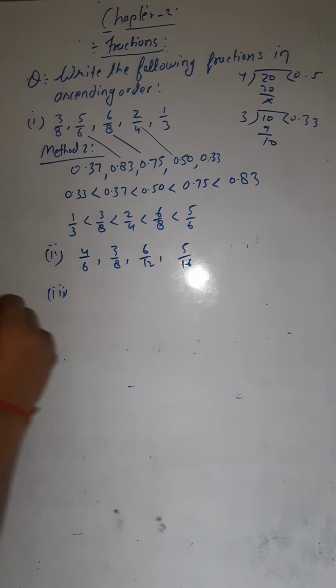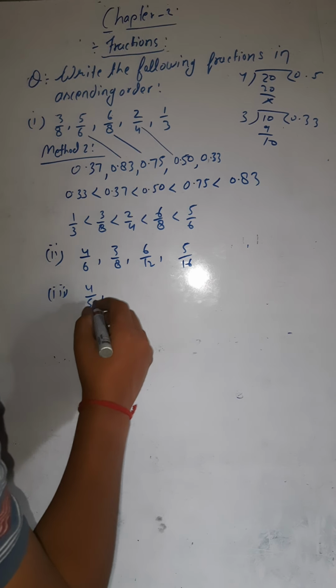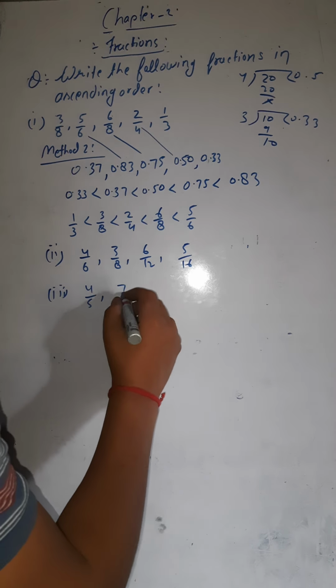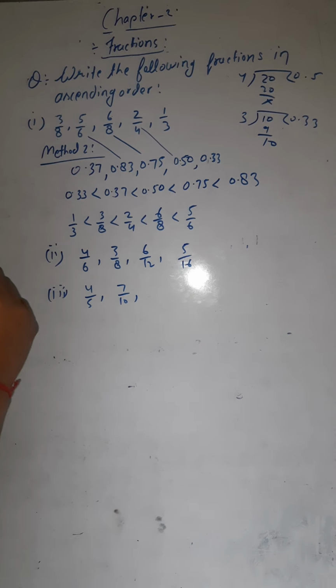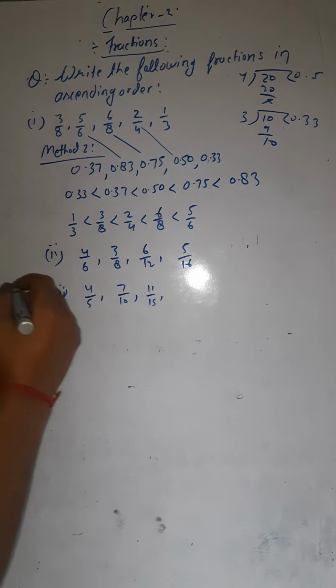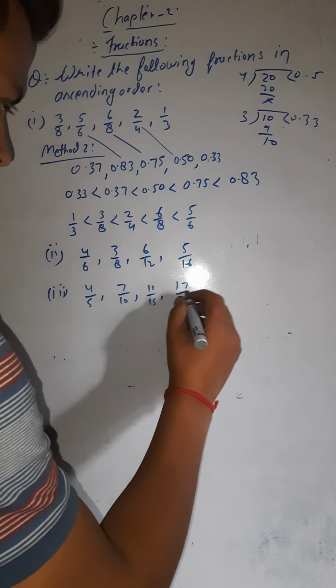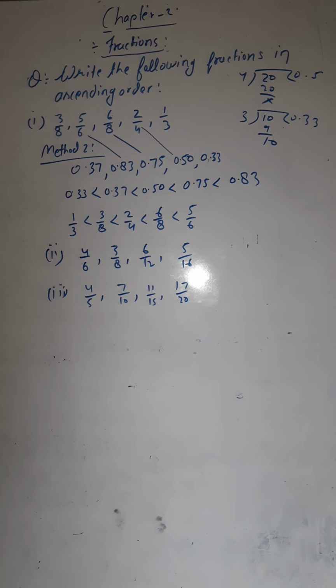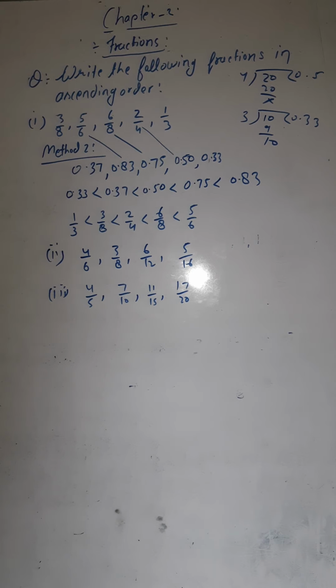Question number 3 is 4 by 5, 7 by 10, 11 by 15, and 17 by 20. So these are the questions which you have to solve at home. Okay, just note these questions. Okay, then see you.